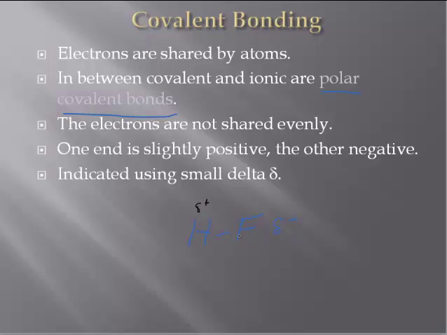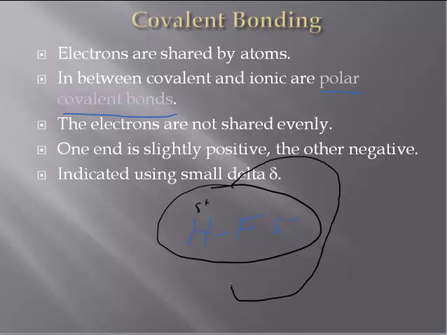If we were to draw an electron cloud around these two atoms, you might want to draw it as an even circle. But in reality, since fluorine has such a greater electronegativity, the cloud is swollen around this side and then gets smaller. You guys know how my artistic ability is.